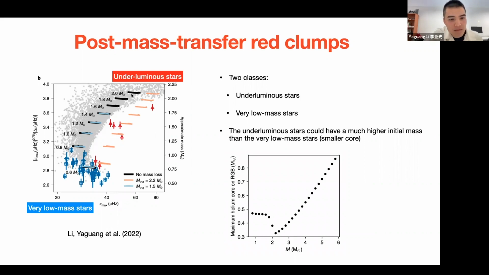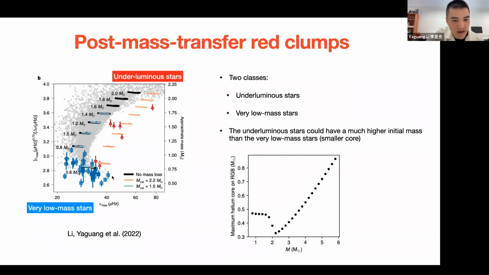So here I'm plotting some theoretical evolutionary tracks. All the black solid lines here are evolutionary tracks from single stellar evolution. Here I'm showing a bunch of masses from 0.6 all the way up to 2.0.